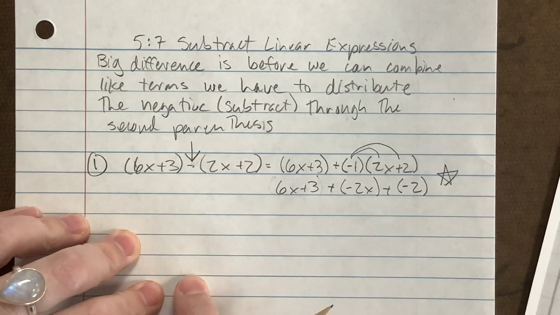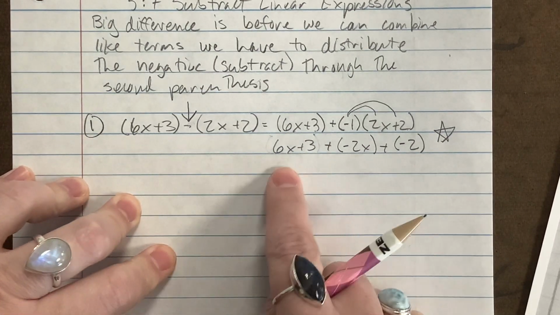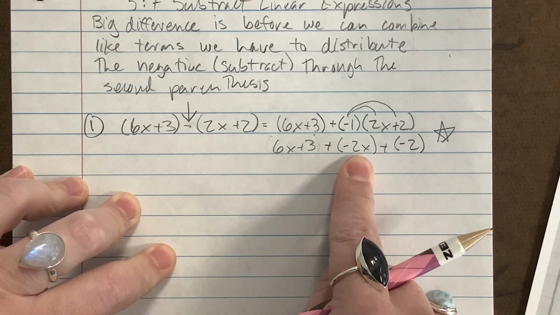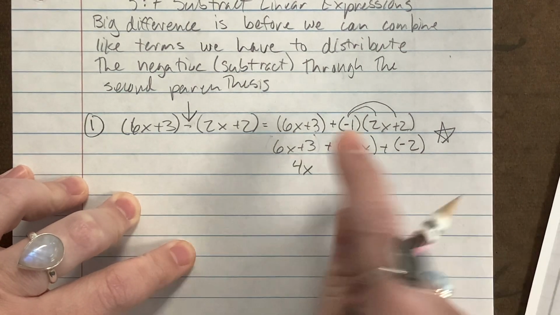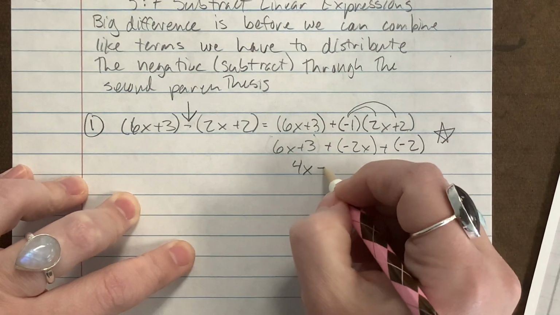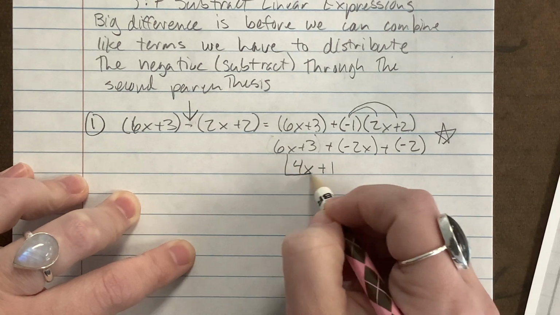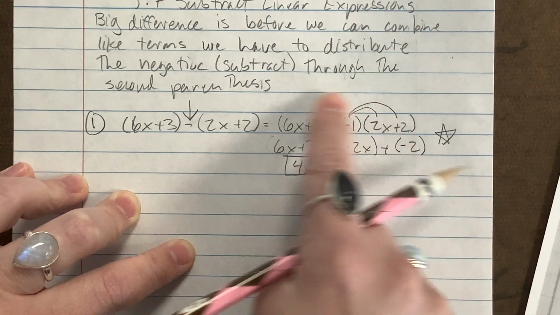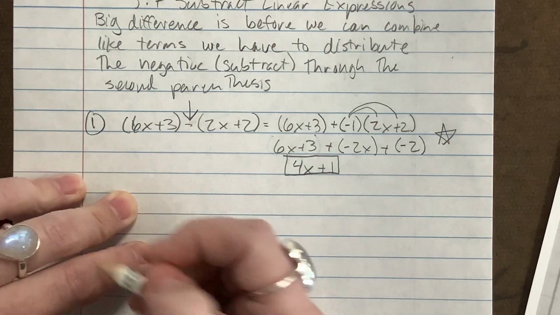From here we can do our combining like terms, no problem. We've got 6x and negative 2x, which comes together to be 4x. Then we've got 3 and negative 2, which is 1.